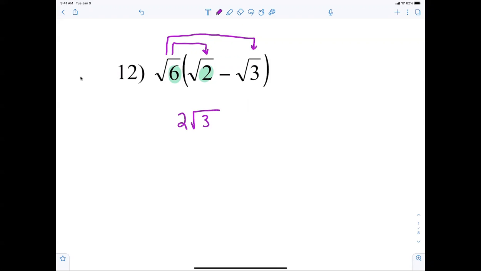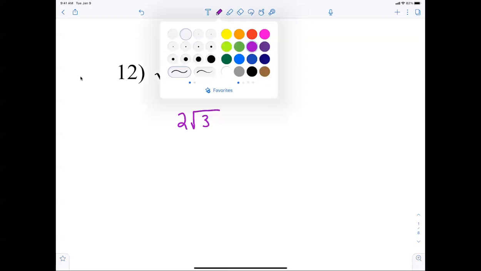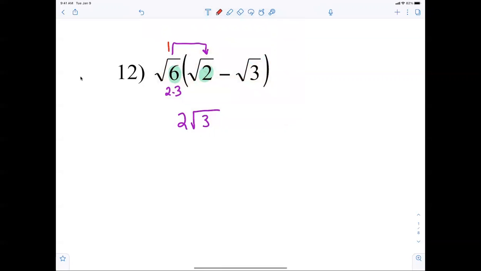Because 6 again is 2 times 3. Now what you're going to do is multiply square root of 6 times square root of 3. But now you notice there's a common 3. So this becomes minus 3 radical 2. Anybody have any questions with that?